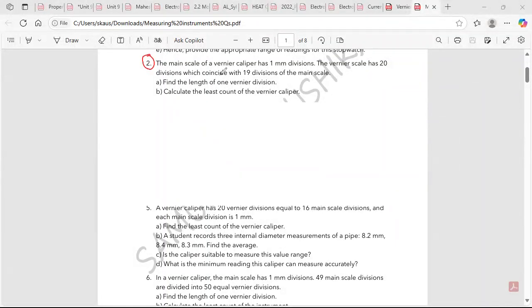So the main scale has 1 millimeter divisions. Vernier scale has 20 divisions which coincide with 19 divisions of the main scale. So you can apply this equation.